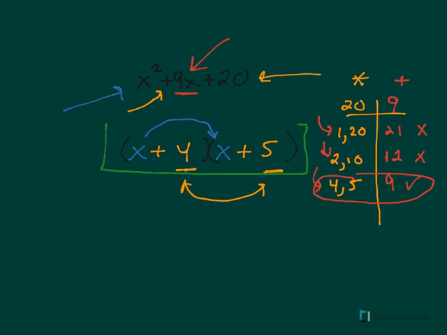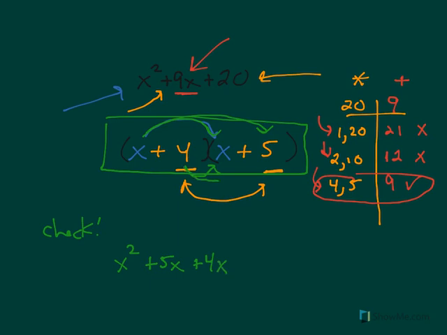And to check your factors, all you simply need to do is multiply them back together and see if they work. So to check it, which I would recommend you do, just distribute everything together. So if you do x times x, you should get x squared. If you do x times 5, you should get 5x. If you do 4 times x, you should get 4x.